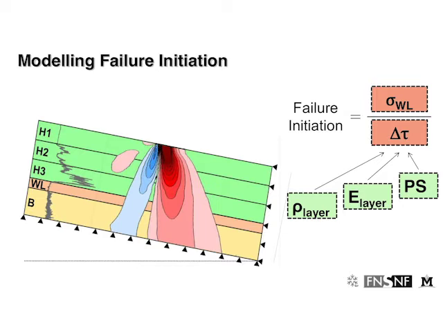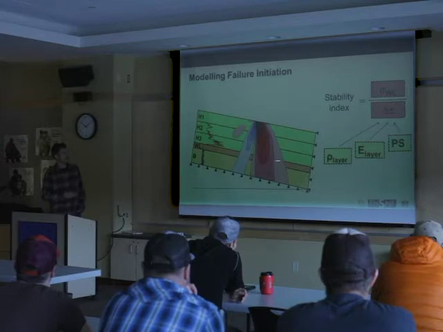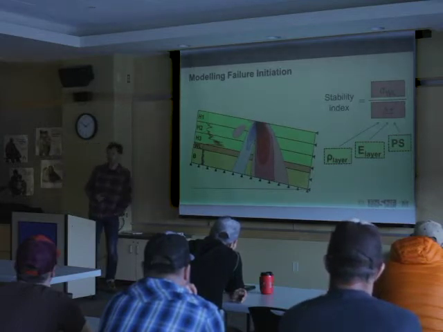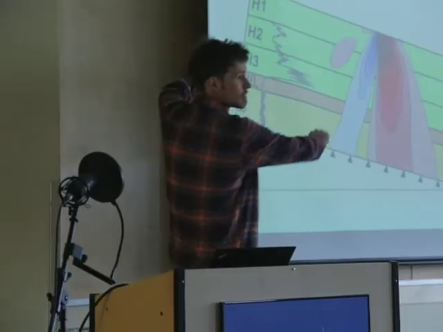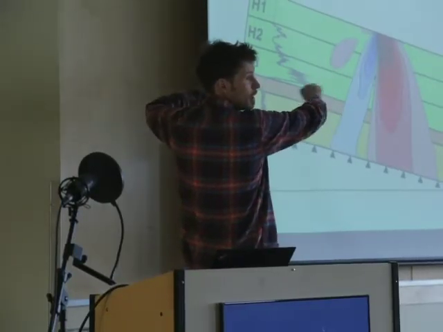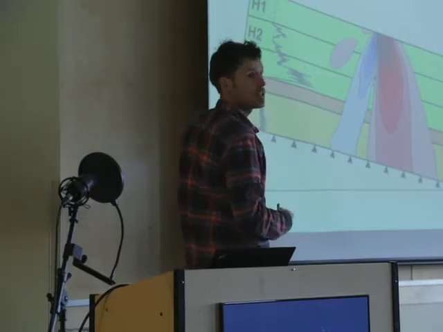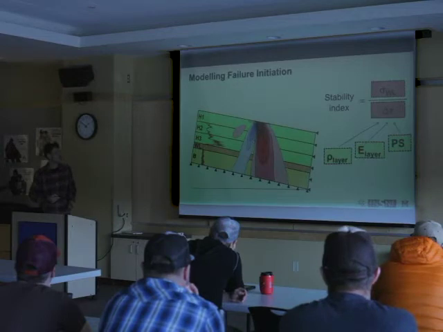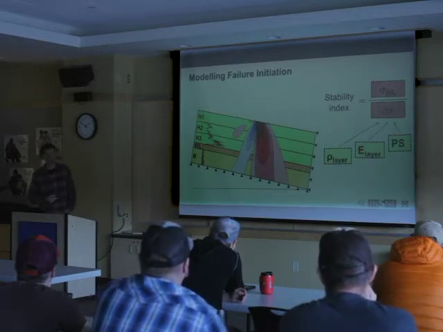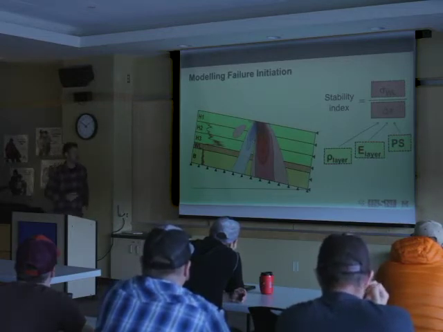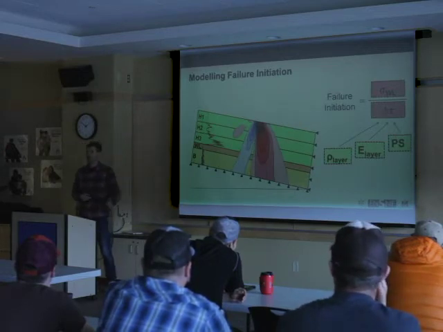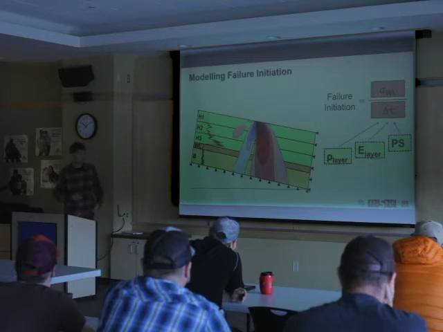This is the shear stress in the slab and here in the weak layer that would be caused by a load on top. And if you would flip this Reuter block here and make it level, you would still have shear stresses. So that's a way to calculate failure initiation just by the stability index. So we call this thing up here, for this talk, we call it failure initiation criterion.